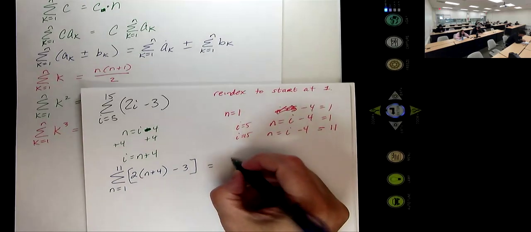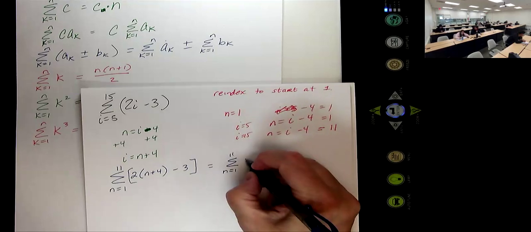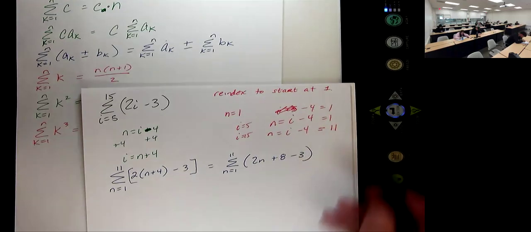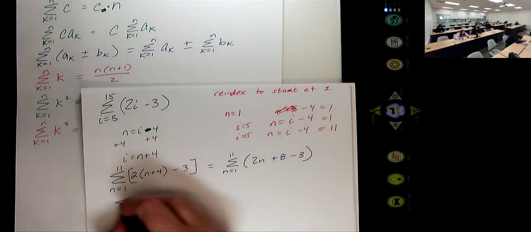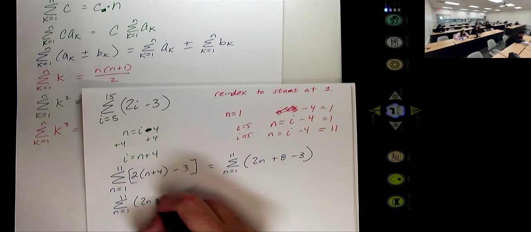So before I do anything with that, I'm gonna clean that up. That's 2n plus 8 minus 3, which is 2n plus 5.